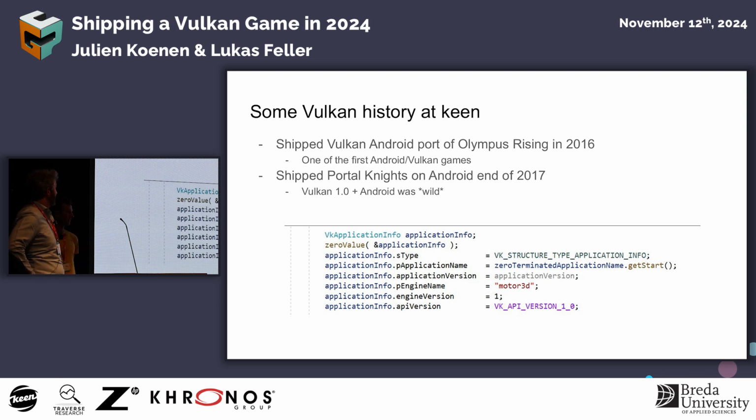Some history. As I said, we shipped a couple of mobile games in the past. One of them was Olympus Rising, a mobile game we shipped on iOS with Metal and on Android. We actually shipped one of the first Android games using Vulkan back then, and it was quite a ride. Lots of drivers were broken. Basically, we had a whitelist of all the devices that worked instead of a blacklist.